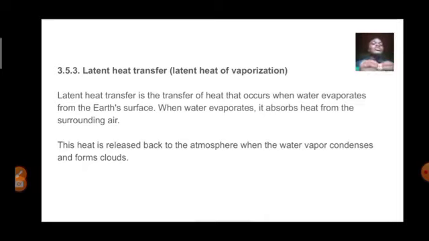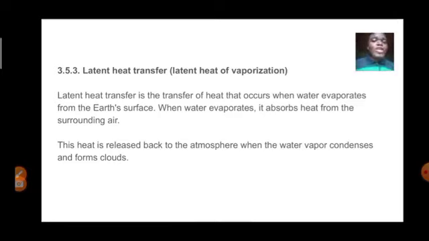Now, as these water molecules in the vapor rise into the atmosphere, they rise with heat, and as they are rising, they tend to give out their heat. They tend to give out this heat back onto their surrounding column. The heat is lost into that column, and that is what we call latent heat transfer.